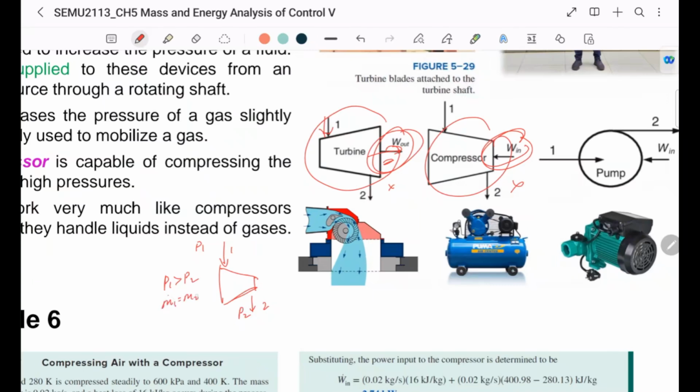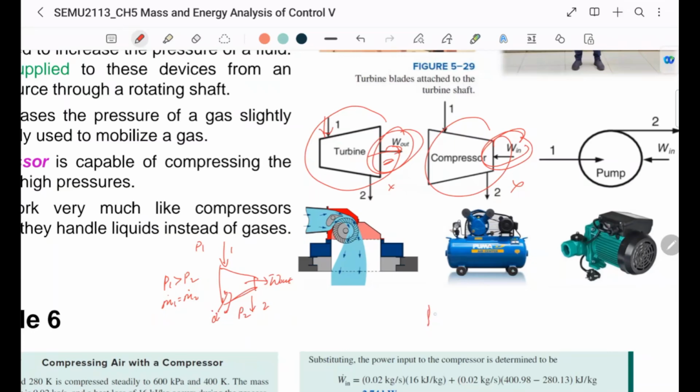Mass has to be conserved. Okay? Because it's still a steady system. Here there's a work out. Okay? Whether or not there's a Q in or Q out, it depends on whether the turbine is an adiabatic turbine or not. There can be a heat transfer in the process.